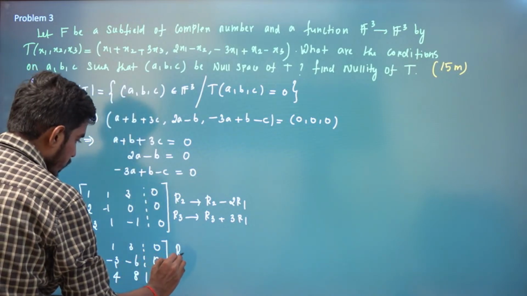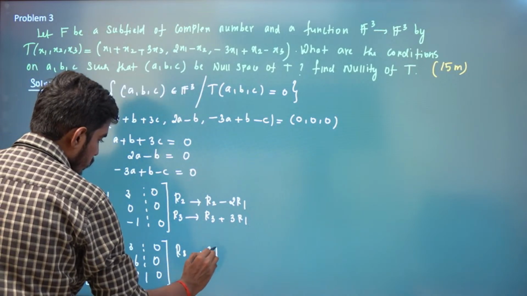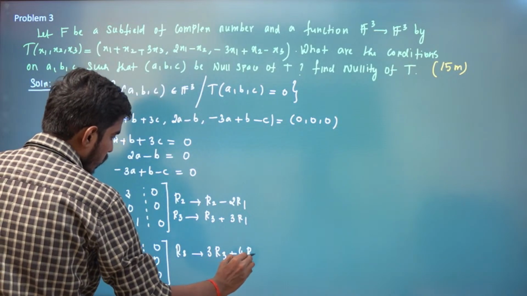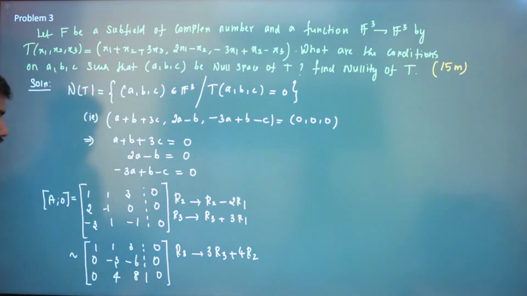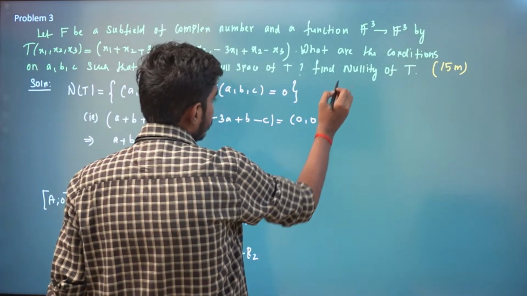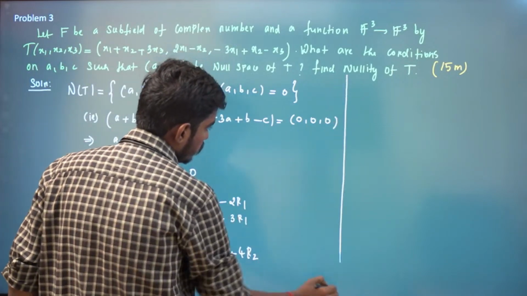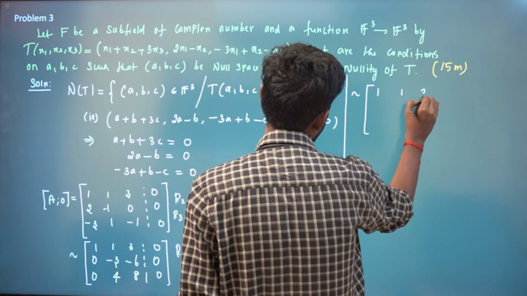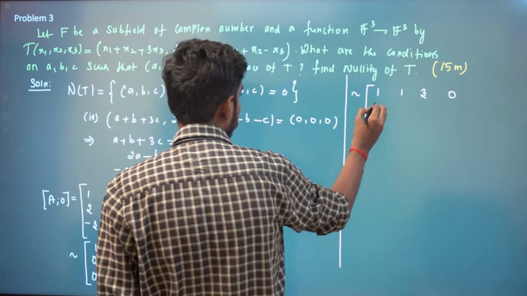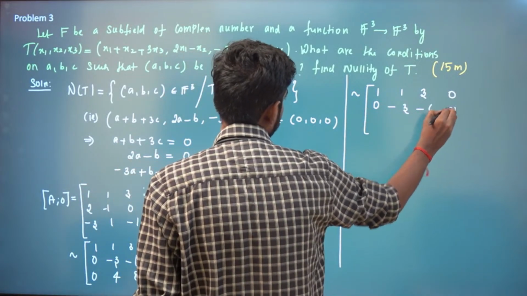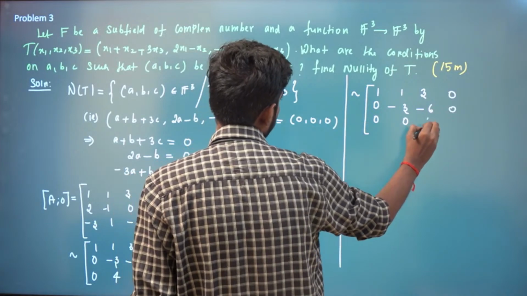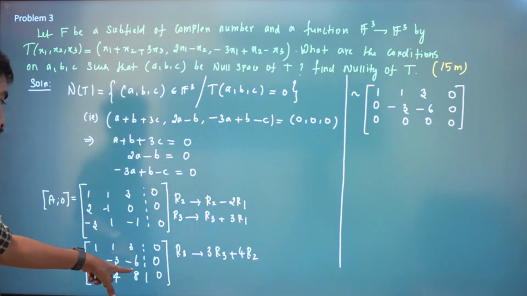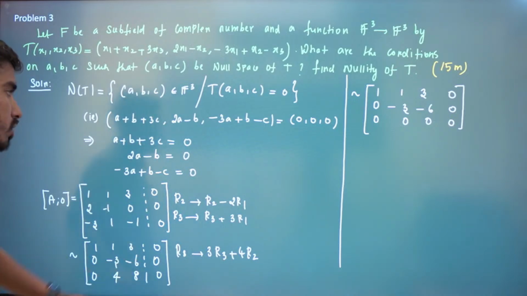Now R3 is transformed to 3 times R3 plus 4 times R2. Now we have to make this element 0, right? Now we see that this reduces to 1 1 3 0, 0 -3 -6 0, then we have 0 0 0 0. Yes or no? You multiply 3 by 4, so both will be 24.